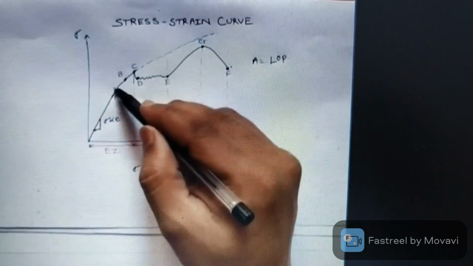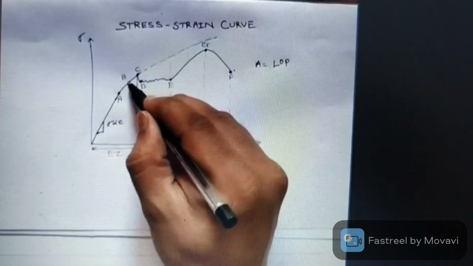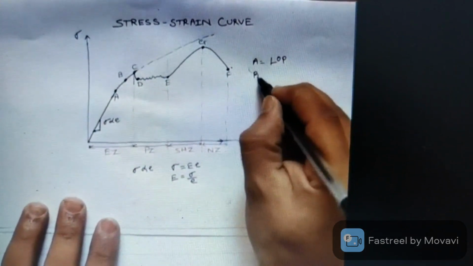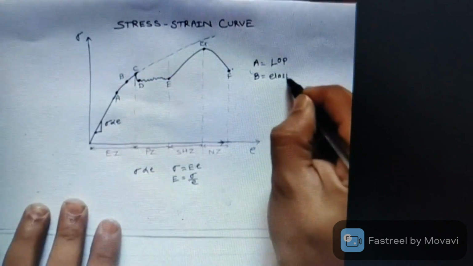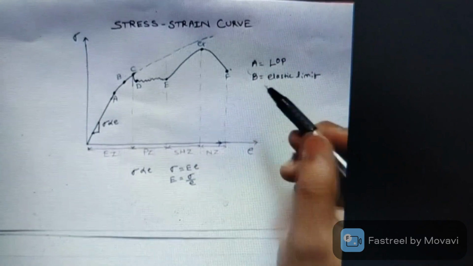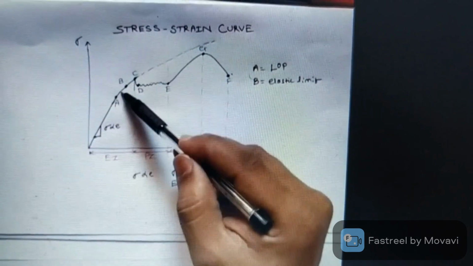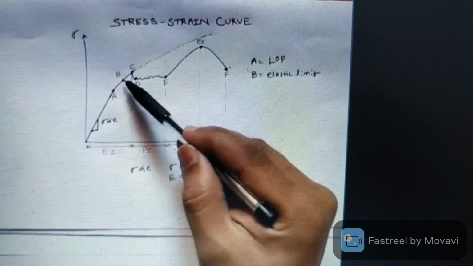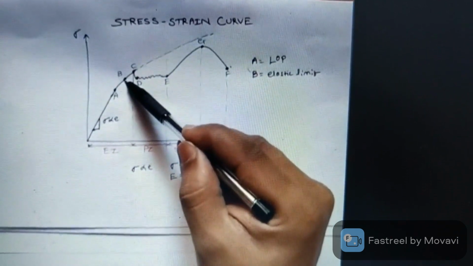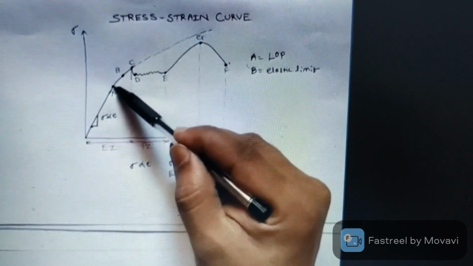If we move forward, this is the point B. This point B is called the elastic limit of the material. What does it mean? It means that the material is elastic up to point B, that means it can regain its original shape up to point B. But the basic difference between point A and B is that you can see there is a slight curvature here.